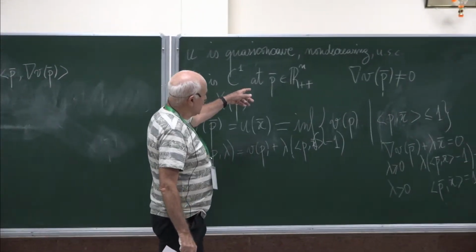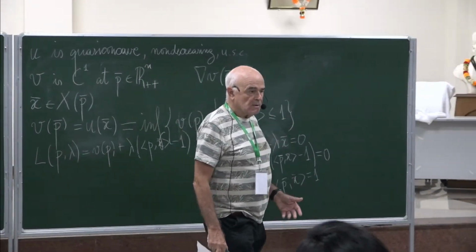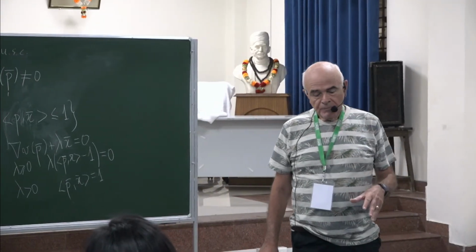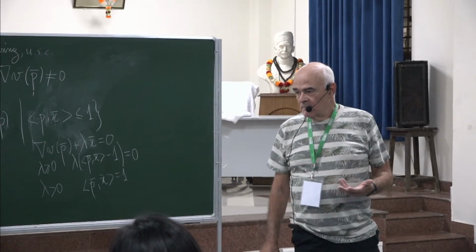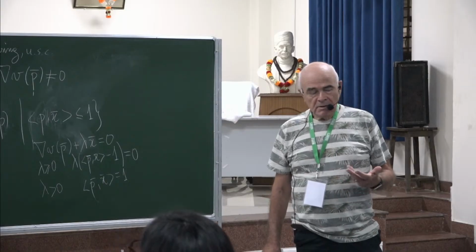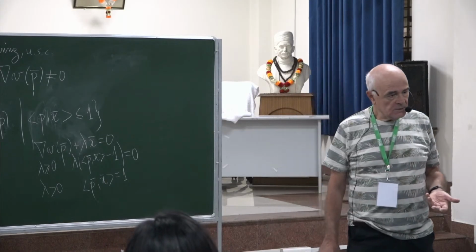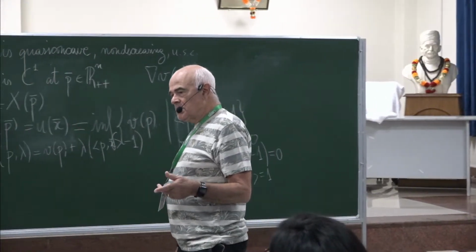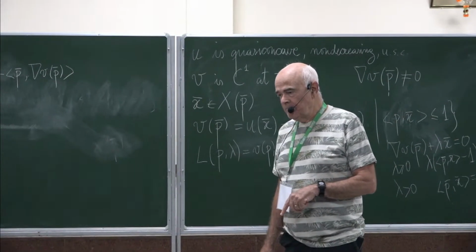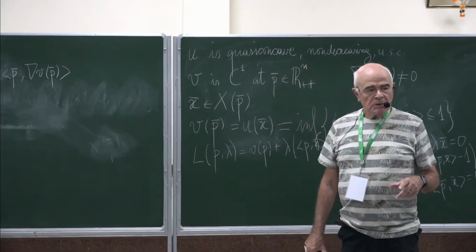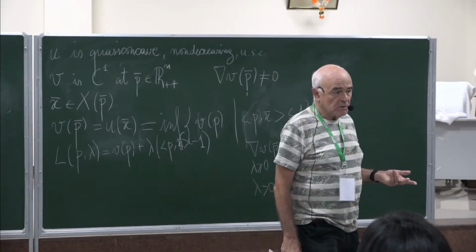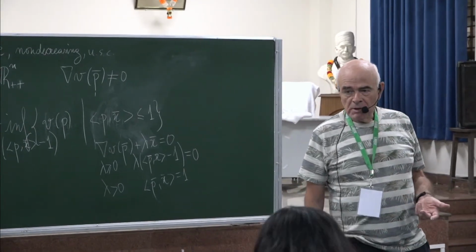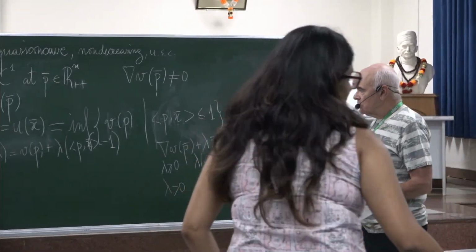If this differentiability holds everywhere on R plus plus n, the interior of the domain, then the demand correspondence, economists use correspondence to mean set valued mapping, is single valued. So we actually have a demand function rather than a demand correspondence.